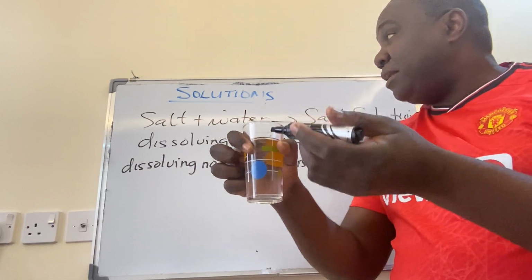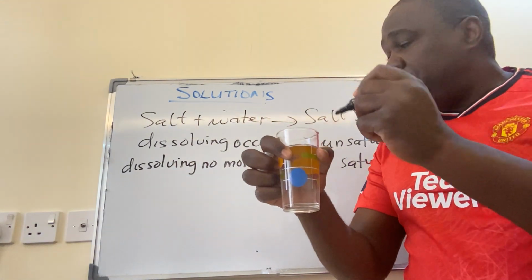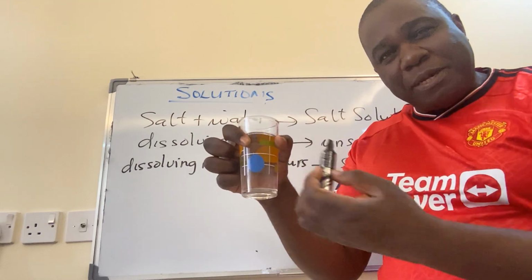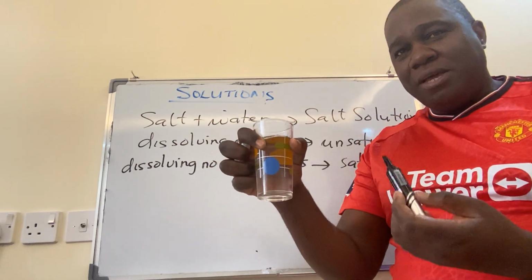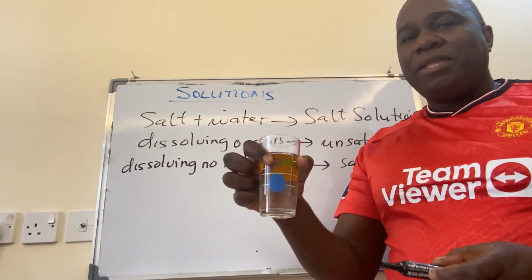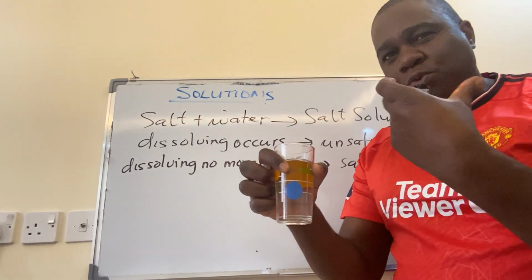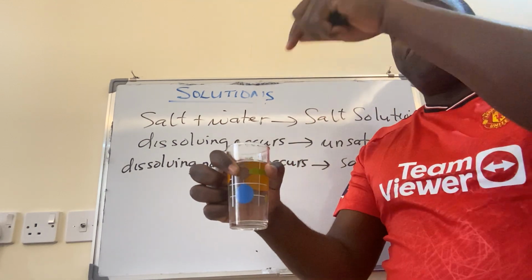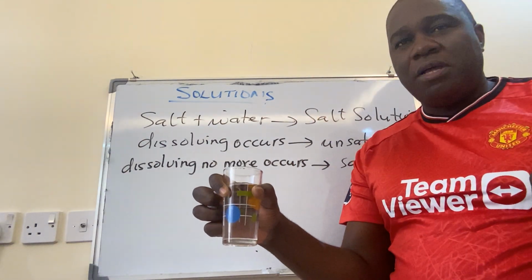So when you dissolve salt into water, the solute particles will be fitting in the spaces between the solvent particles. So putting more and more of the solute, the spaces between water particles will be fully occupied. And as a result, if you put more salt, there is no more room to dissolve.